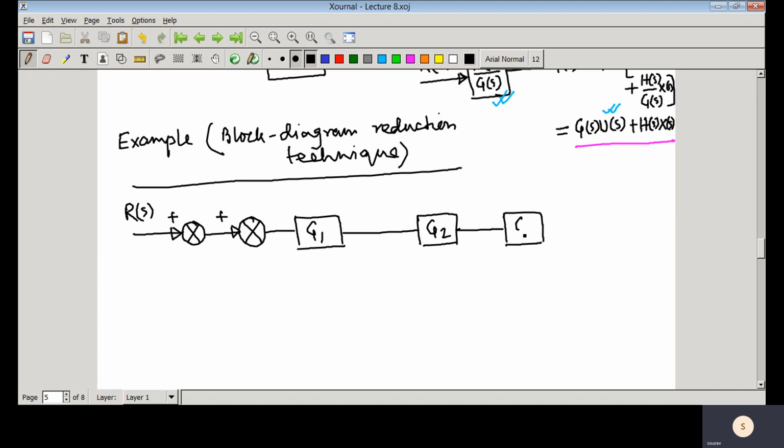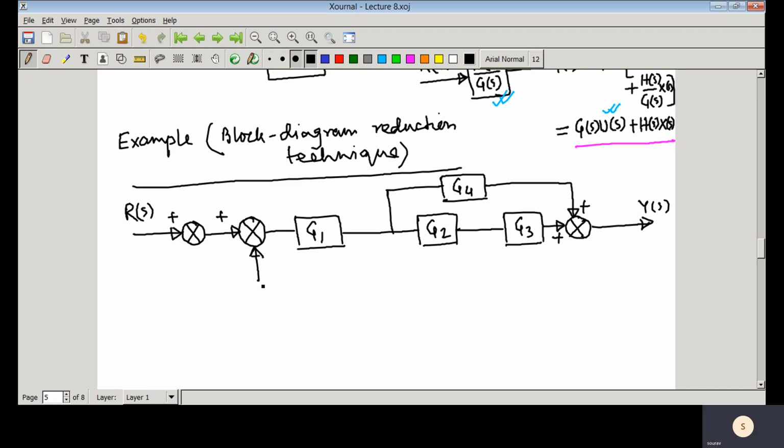So you have G3, and you have another comparator here. In this particular block diagram, you can see there are three comparators involved. G4, these are all transfer functions. I am not showing s.